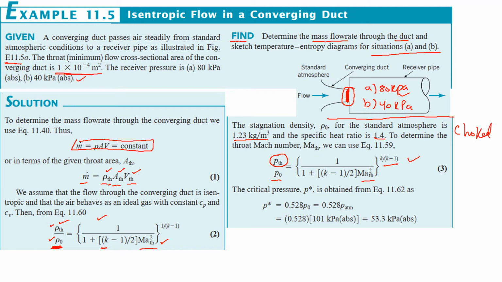So for that purpose, we already have a formula, that is P star over P naught is equal to 0.528. So by putting the stagnation pressure as the atmospheric pressure, that is 101 kilopascal absolute pressure, we get our choking pressure, that is critical pressure is 53.3 kilopascals absolute pressure. So this is the pressure at which the nozzle will be choked.